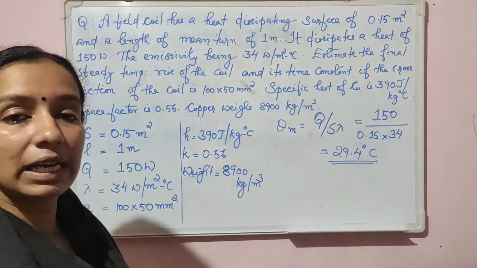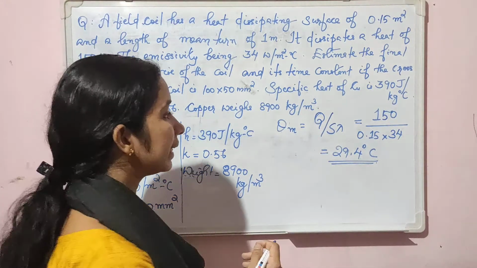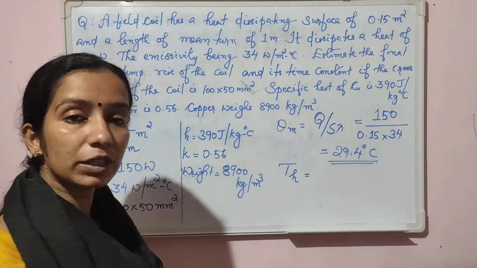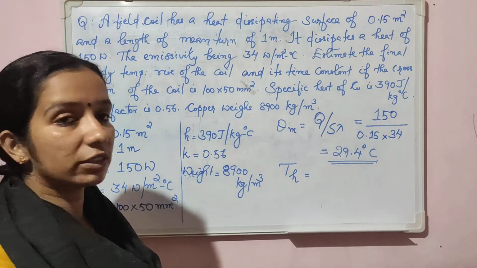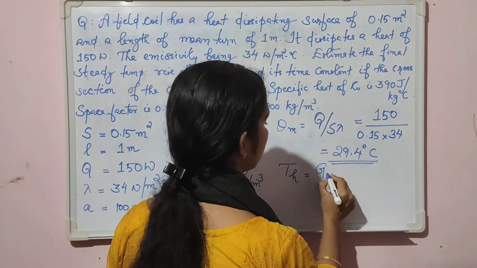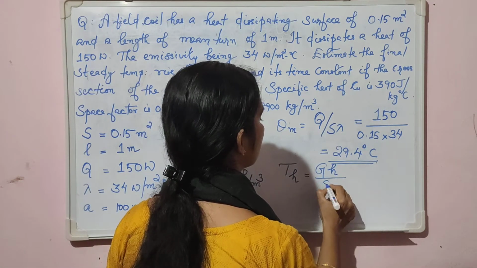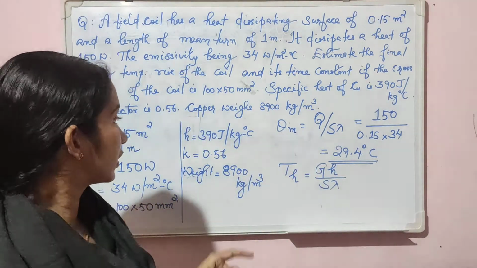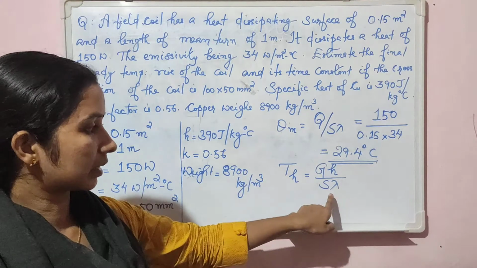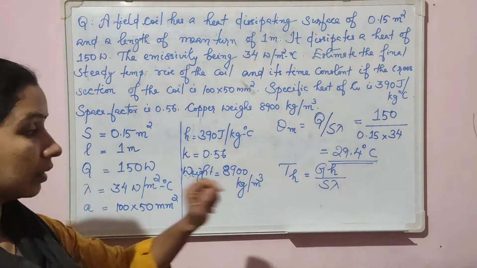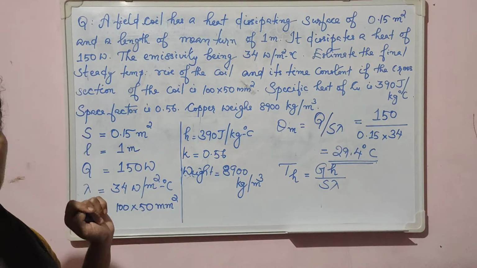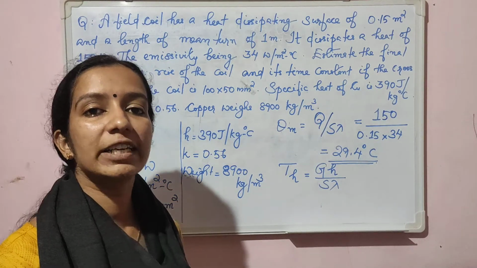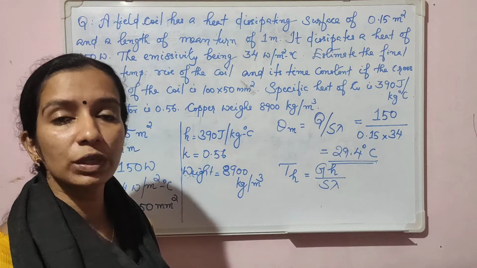So now we have to calculate the heating time constant Th. So what is the equation for Th? It is Gh divided by S lambda. So H is the specific heat of the machine, which is given, S given here, and lambda is also given. So what is G? G is the weight of active parts of the machine in kilogram.